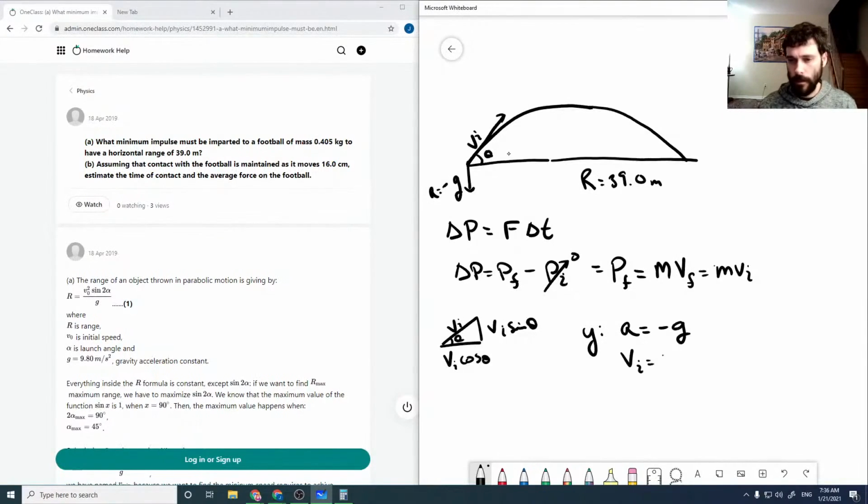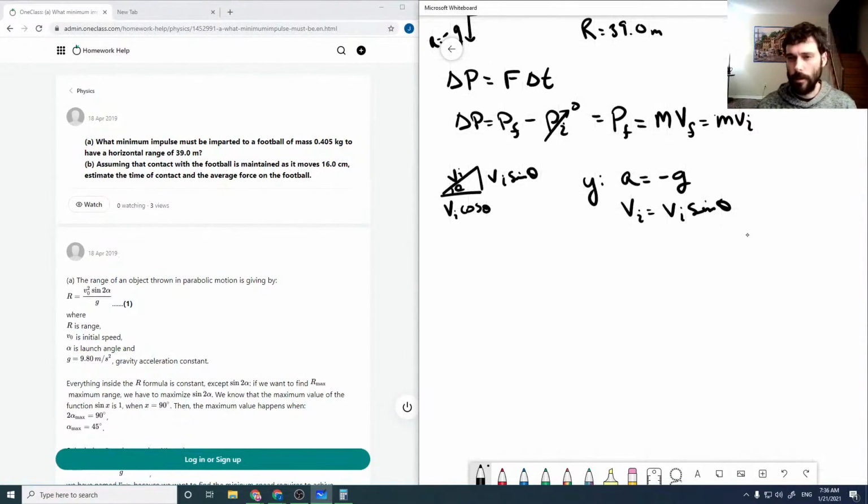Velocity initial is vi sine theta, or actually, I'm just going to call this v naught, just to differentiate it a little bit. And so we can use our kinematic equations by saying our yf is our y naught plus v naught t plus 1/2 a t squared. This guy here is 0.